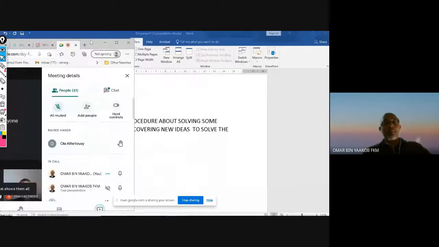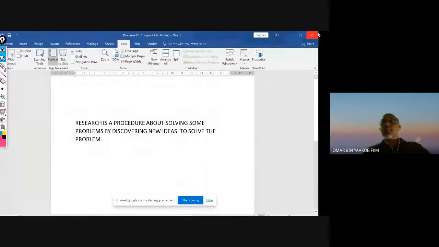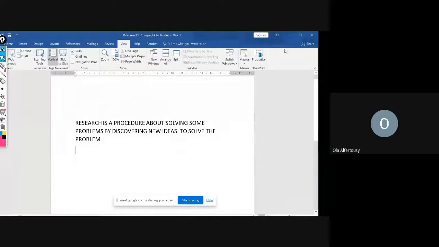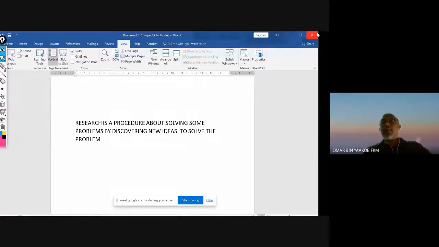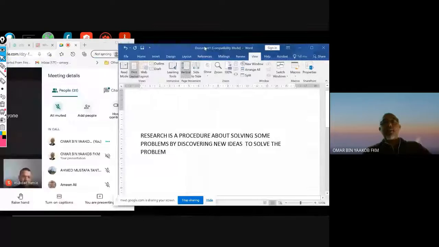Meanwhile, you can think about what you want to say to comment on what Ola has mentioned just now. Ola, can you lower your hand? Now, does anybody have any comments or modifications to this definition by Ola? Can you see this definition?